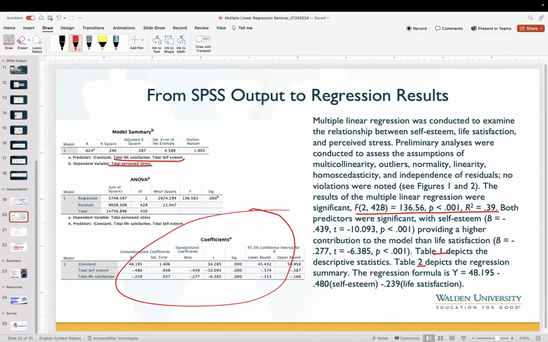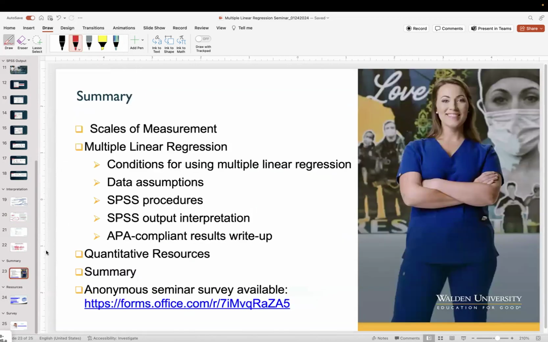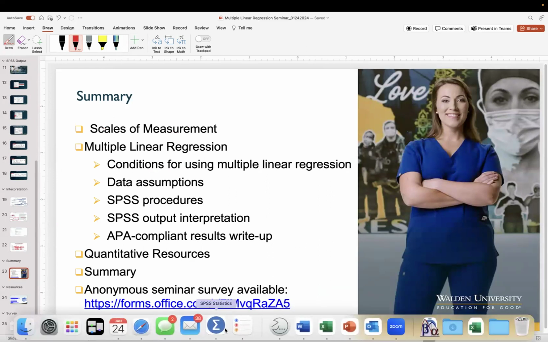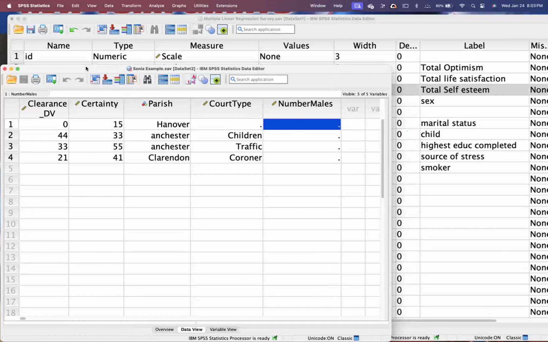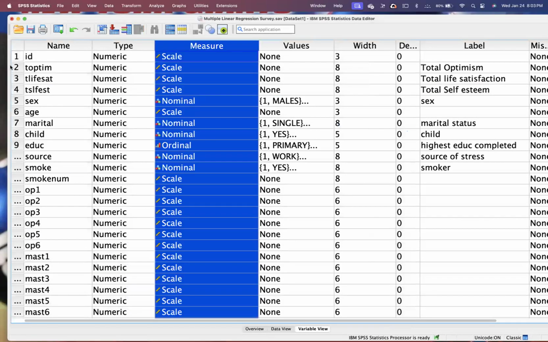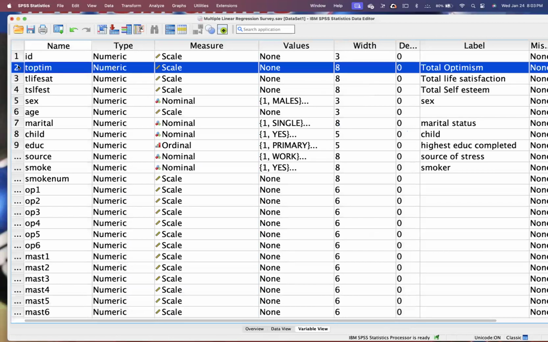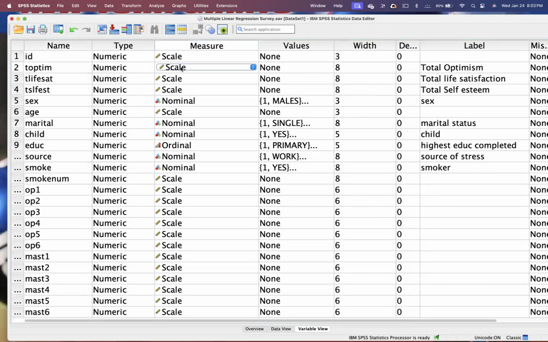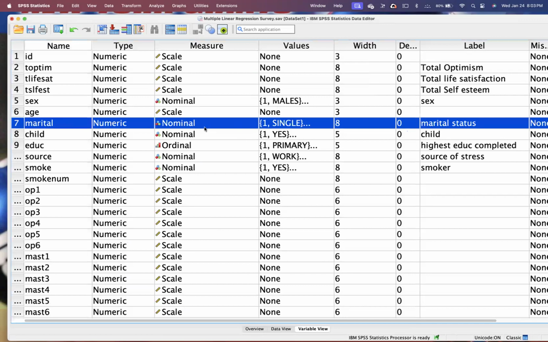Okay? Now, what we've done here is a quick revisit of the scales of measurement. Remember, when you get into that data set, you're going to be looking into that column for the measure of a particular variable and making sure that you use a scale variable for your multiple regression. We wouldn't use nominal, okay? Something like marital. We wouldn't use nominal because that's categorical, okay?